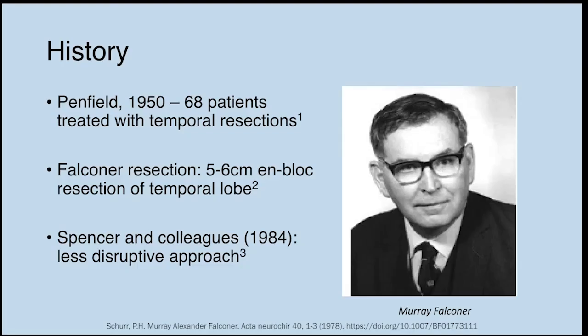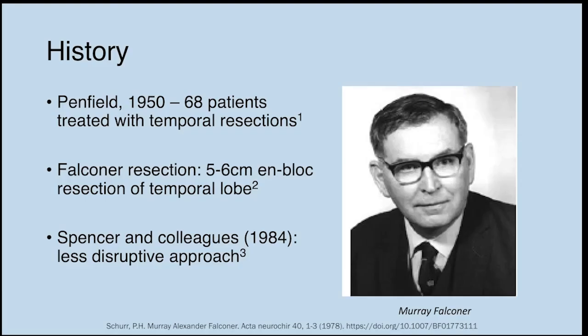In the mid-1950s, Falconer described his own standard variant of the resection. The Falconer resection of 5 to 6 centimeters of the temporal lobe, plus the medial structures, was used widely, with small modifications from the 1950s until the 1980s. His variant is generally thought of as the standard temporal lobectomy.